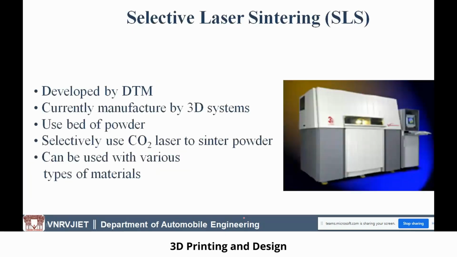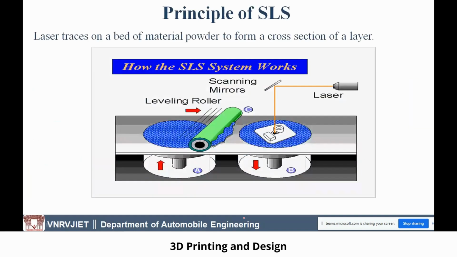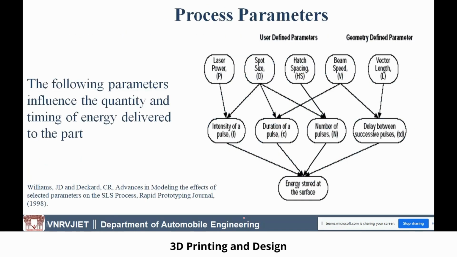And this is a selective laser machine, and this process is already explained. And these are some of the process parameters which, if anybody wants to do research on selective laser sintering, you can vary, like laser power, spot size, hatching spacing, beam speed, vector length, etc., so that we get a component of particular strength.